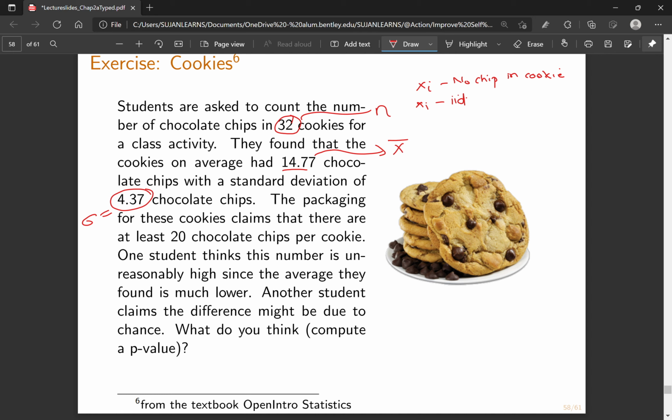Another modeling assumption we want to make is that Xi is not only IID, it is a normally distributed variable with parameters mu and sigma square. So it's a Gaussian variable. Is it okay for us to assume it's Gaussian? Yes, it is, because we have 32 cookies, so 32 observations.